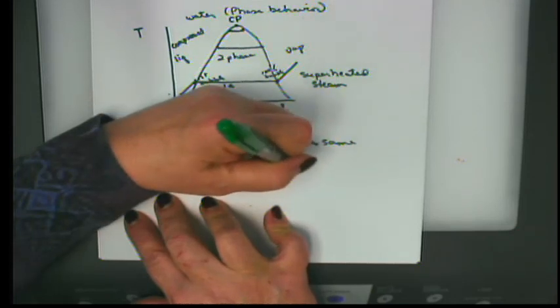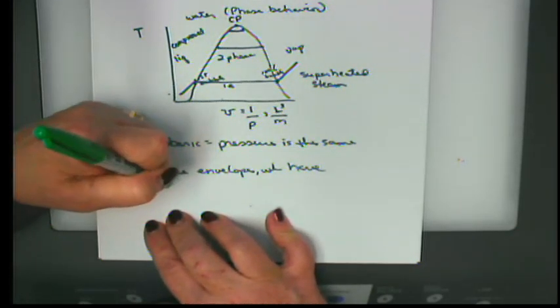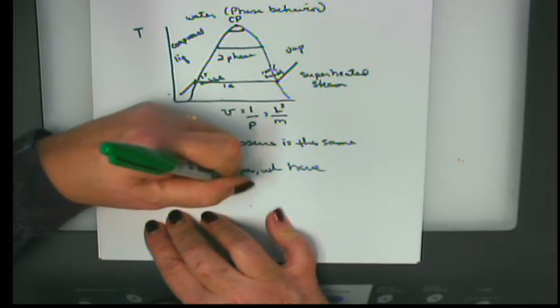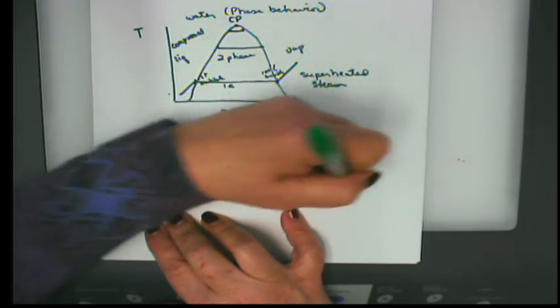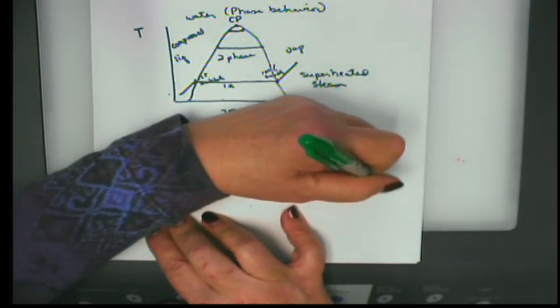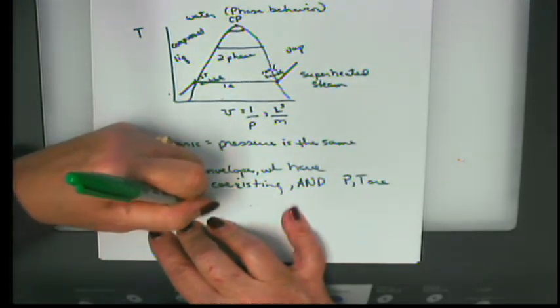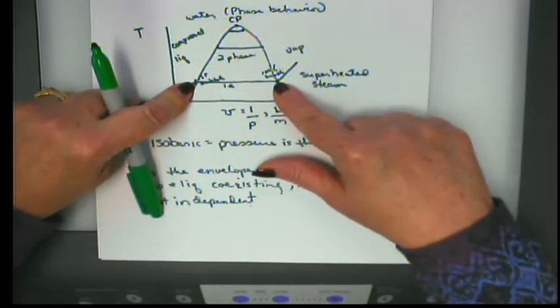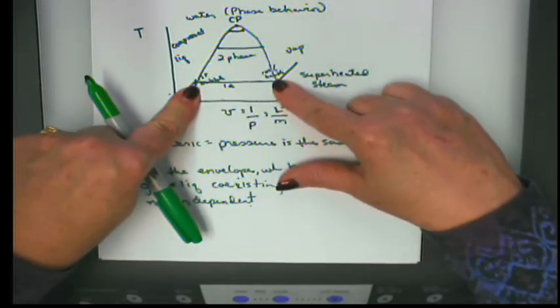We have gas, vapor, and liquid coexisting, and pressure and temperature are not independent. In other words, everywhere in here, temperature and pressure are the same. Obviously, it's denser here, less dense here, right?